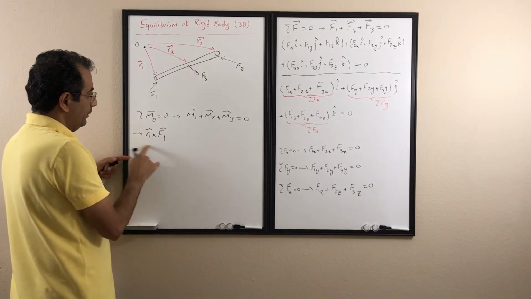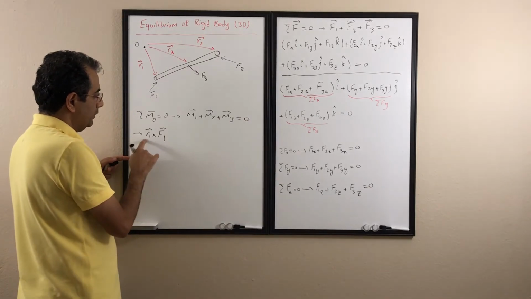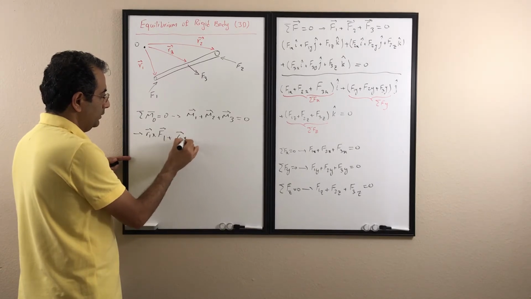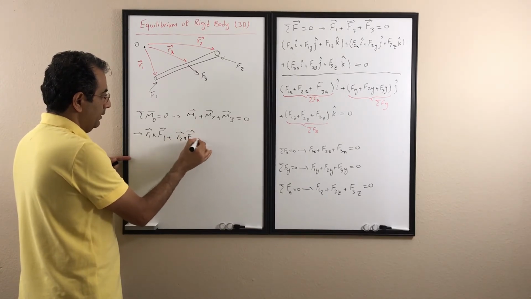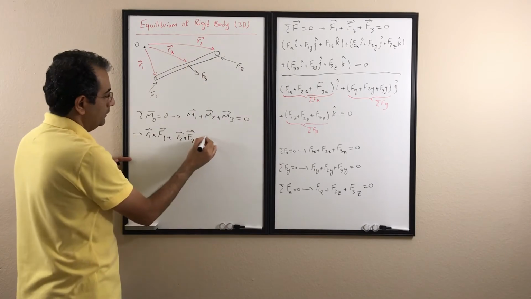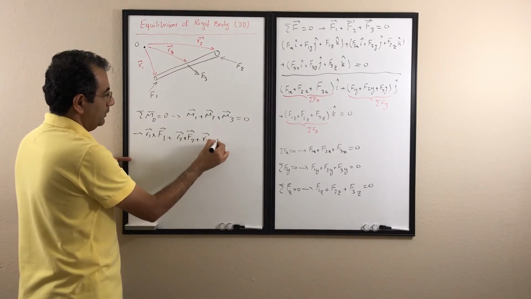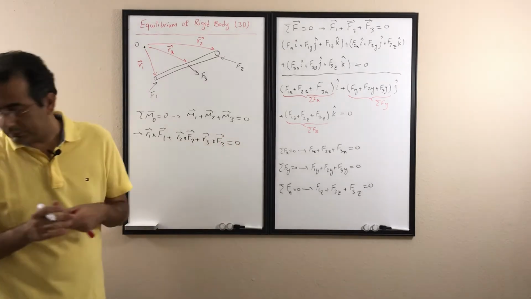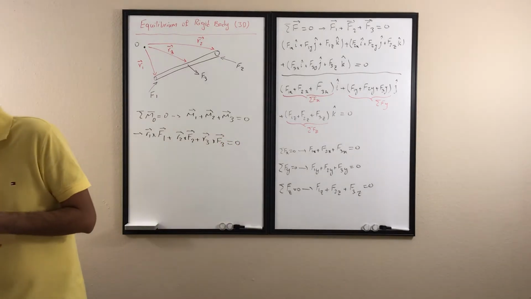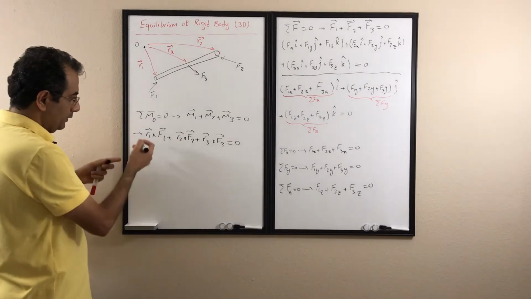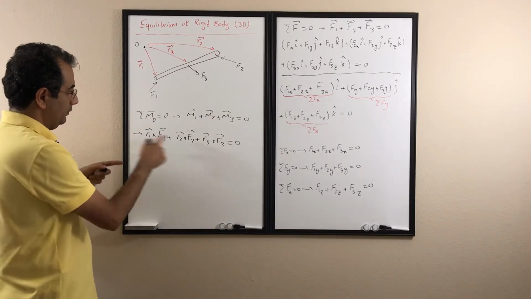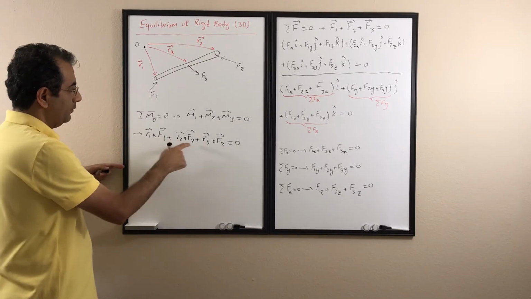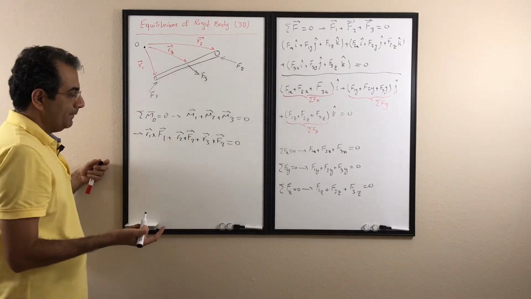Therefore the moment created by the first force R1 cross F1, plus the moment created from the second force, R2 cross F2, and the moment created by the third one, R3 cross F3, should be 0. And eventually when we expand that, we calculate R1, R2, R3, and we have F1, F2, and F3.